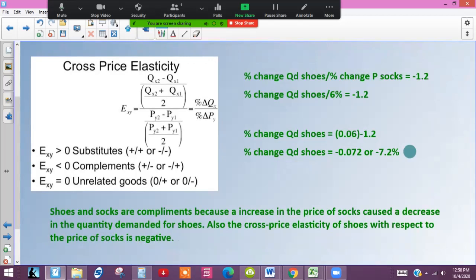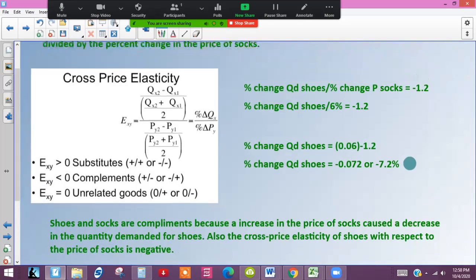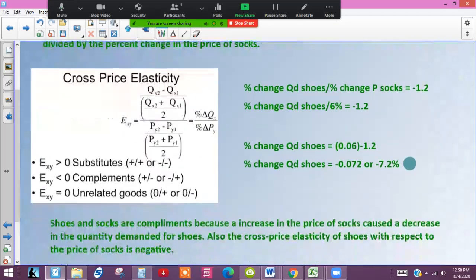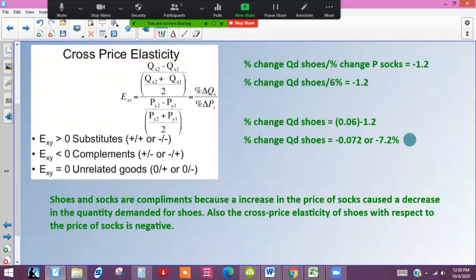So the quantity demanded of shoes as a result of the, let's make sure, yes, the price of socks went up. This is positive, so the price of socks went up. The quantity demanded of shoes went down.